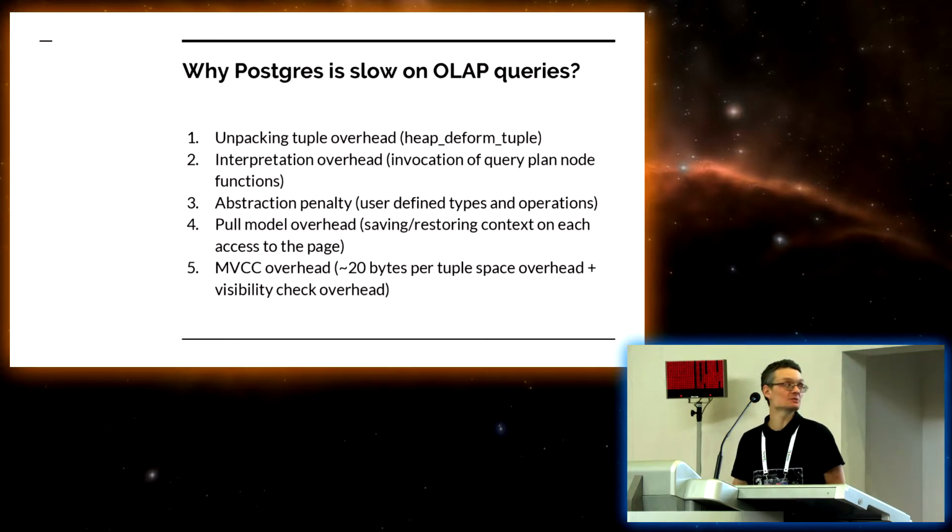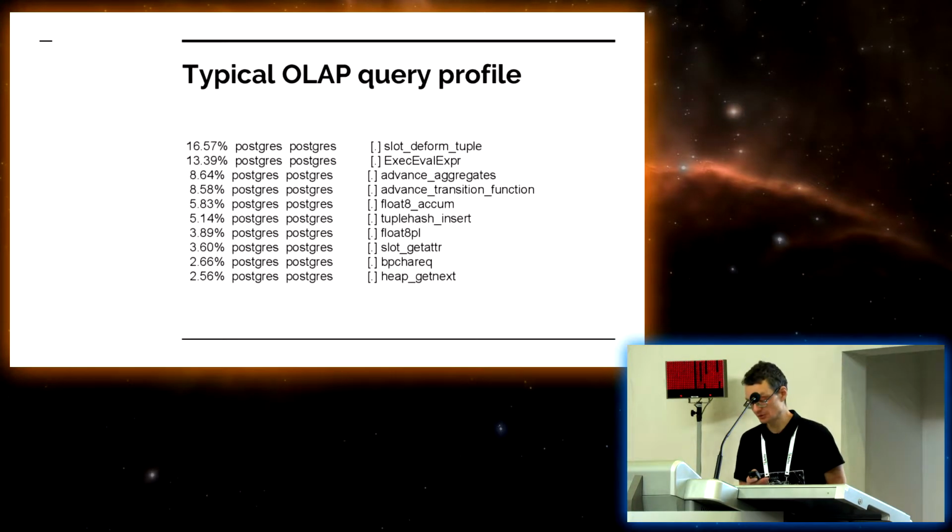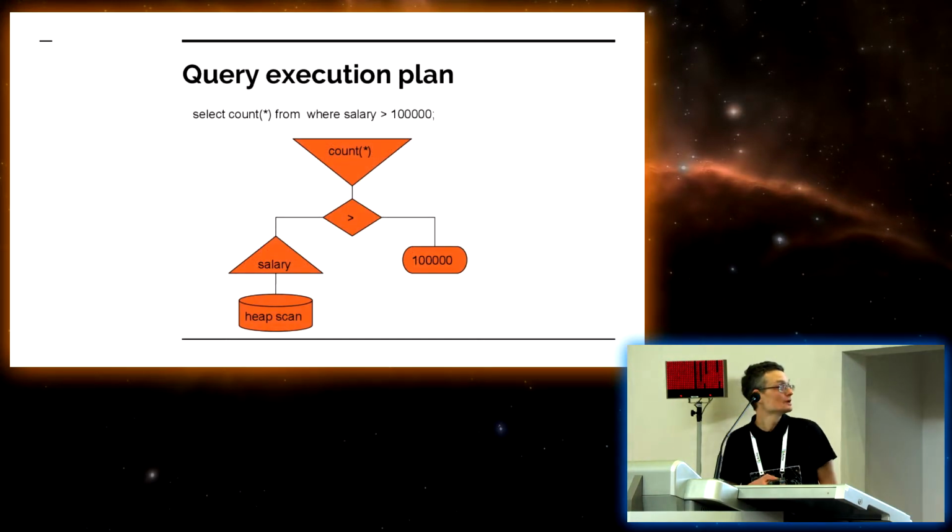Postgres has a classical executor, and the optimizer comes up with a query execution plan. That is a very simple query, and in squares there are the nodes of the plan, and there is an indication for a function, and the executor just calls these functions, and for every row, for every transaction, we need to call the function.